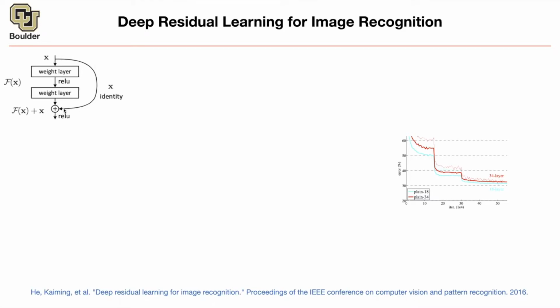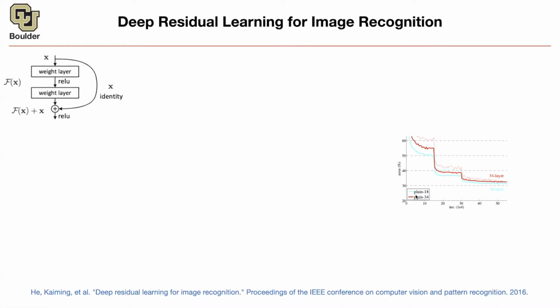It means that you're ignoring one of your layers. Your network might be 34 layers deep, but then it has a bunch of shortcuts. And if it has to go through these complicated nonlinearities, then it will. If it doesn't have to, it's going to go through the shortcut and ignore that layer.